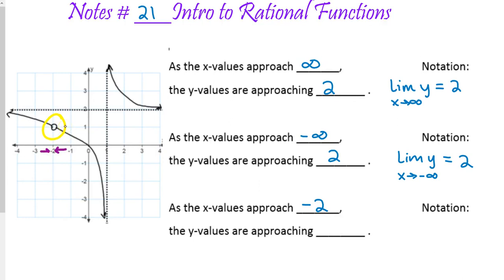You can see there's an open circle there. So x does not actually reach negative 2, that point, because of the open circle, but the y values are getting closer and closer to 1. So we would say the limit of y as x approaches negative 2 is 1.